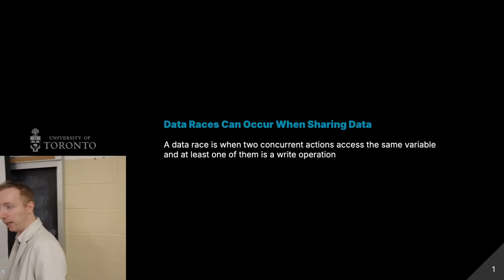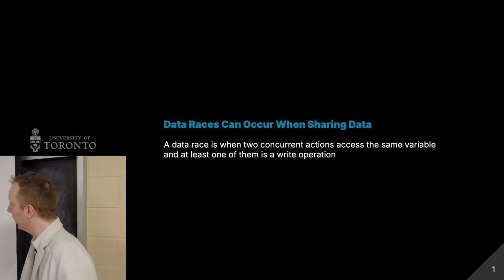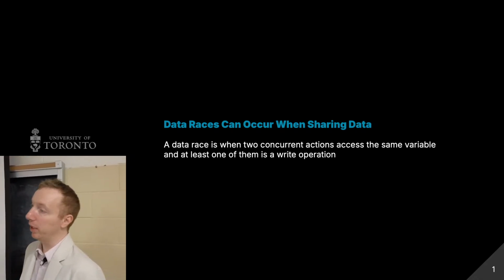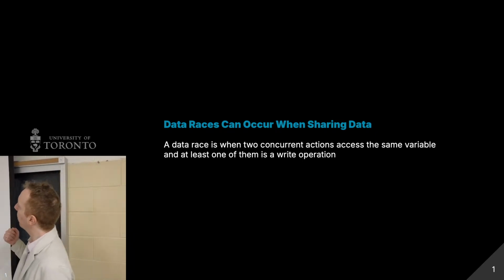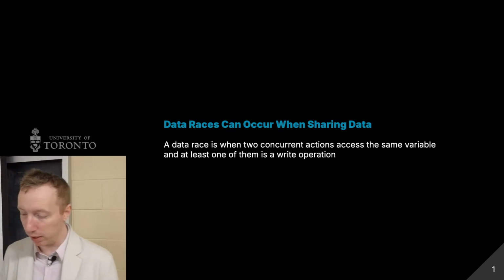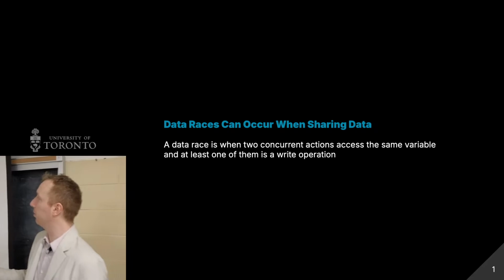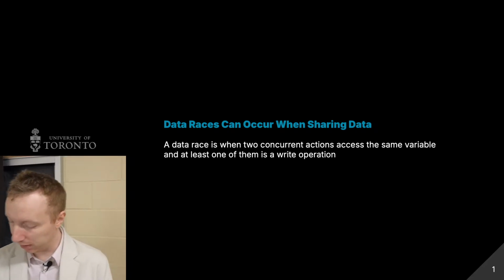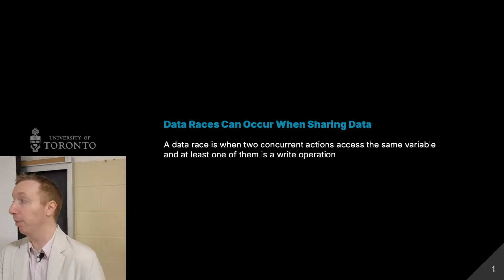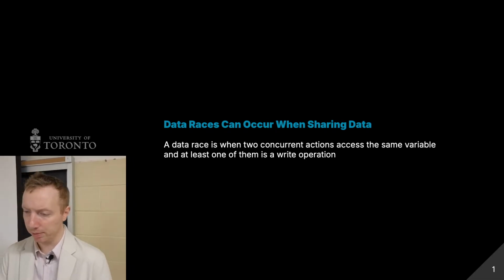That is the case where you might have a data race. If both concurrent actions are just reading the same data over and over again, it doesn't really matter. We'll only have a problem when one of them tries to write, in which case we might get stale data. And we'll see a whole bunch of examples today and why that happened.